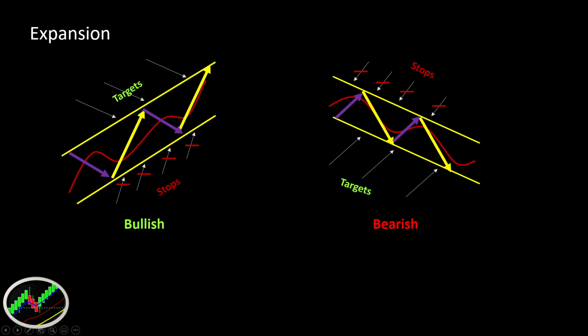But the stop should be somewhere up above here, and then the target should be below, somewhere in this area. If you have two contracts, then you probably want to let one run, and sell the first one, put it at break even, and then let the other one run. Okay, so that's expansion. So basically, in the big picture, these two situations are what you would need to see.